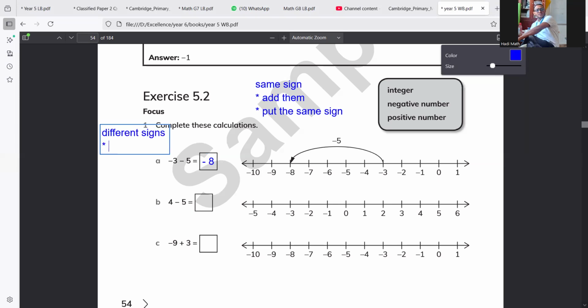Step number 1, you subtract, or you find a difference. Then, number 2, you put the sign of the grade.